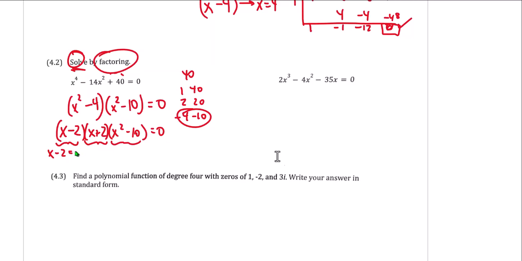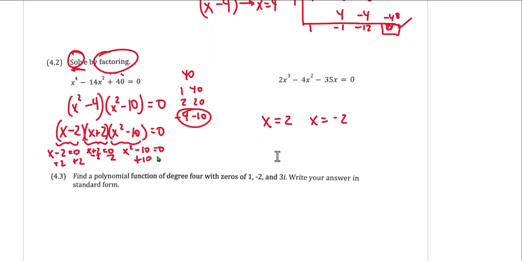So x minus 2 would have to be equal to 0, or x plus 2 would have to be equal to 0, or x squared minus 10 would have to be equal to 0. Add the 2, we get x equals 2. Subtract the 2, we get x equals -2.